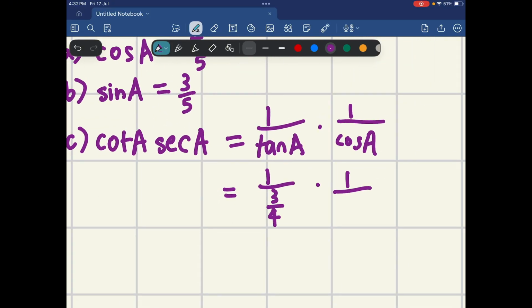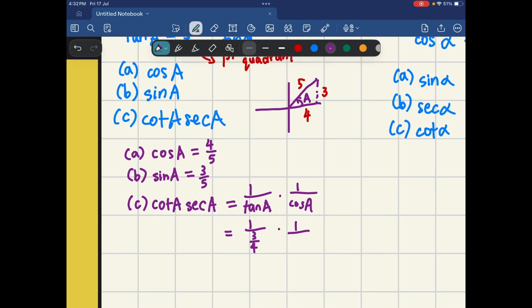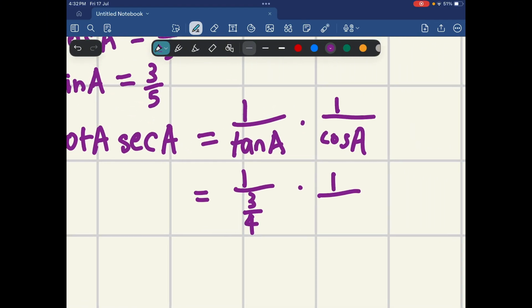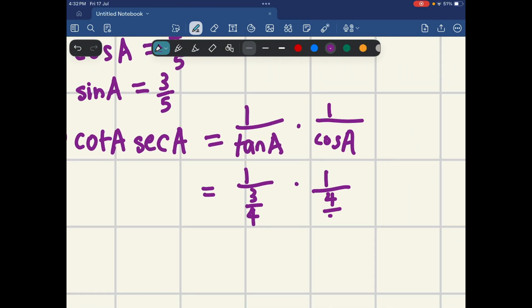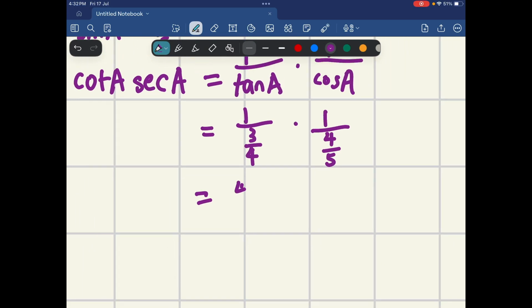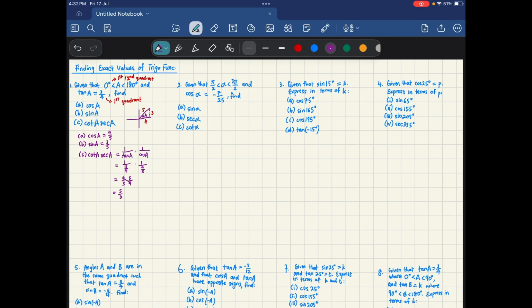Cosine A, as we found out, would be 4/5. And then we can multiply, and in the end we will get 5/3. So that's the first question.